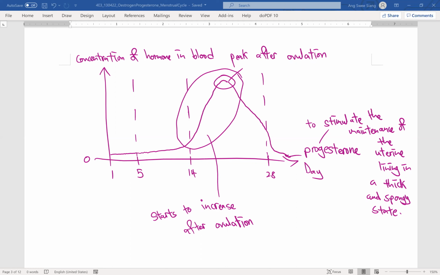I hope you all still remember that a DNA molecule is double-stranded. You have strand number 1 and strand number 2.